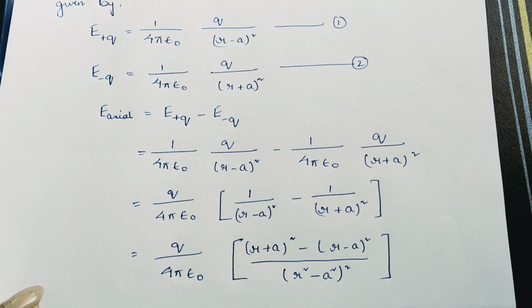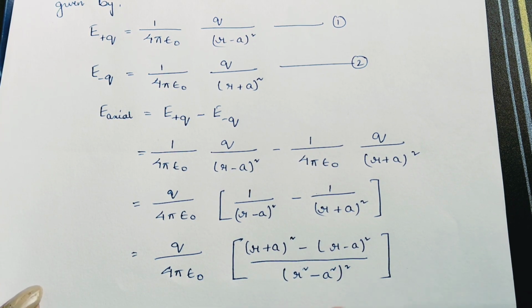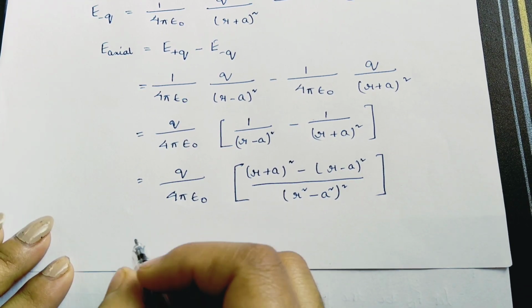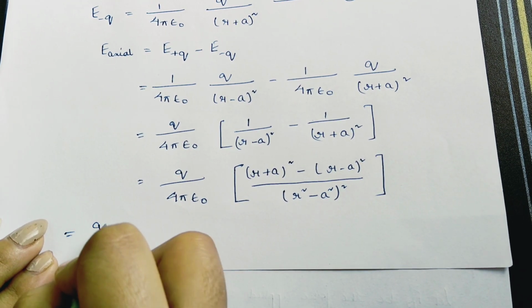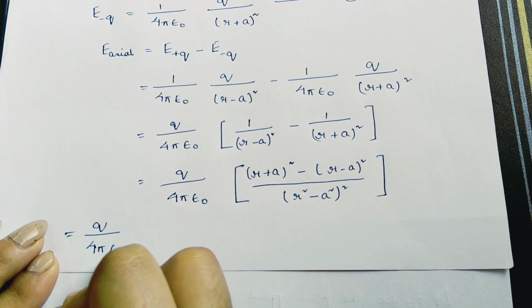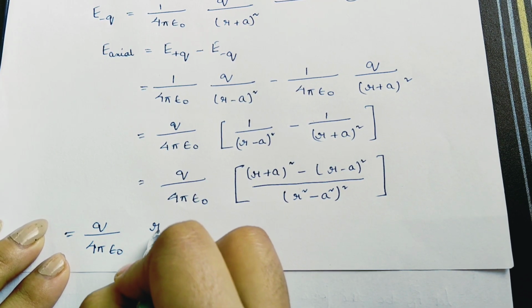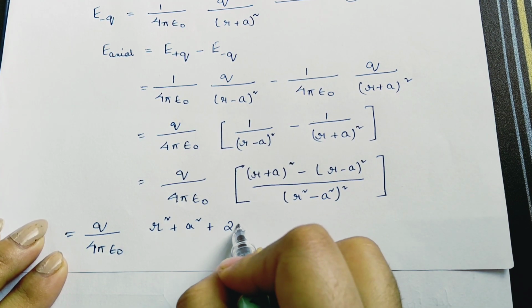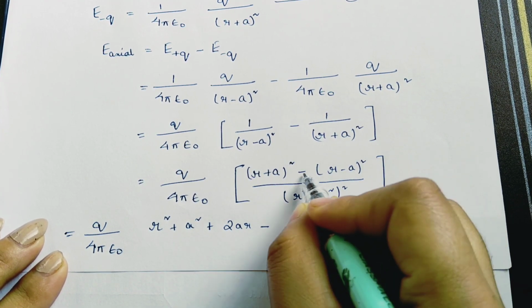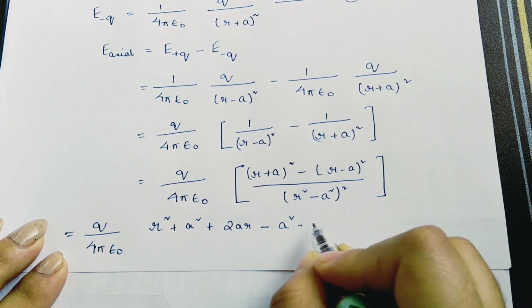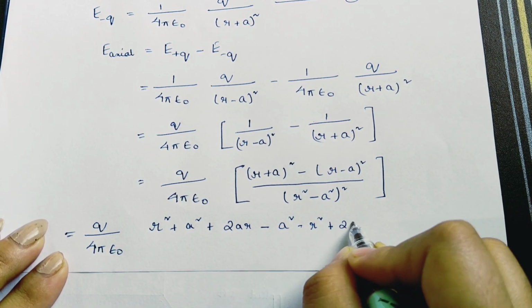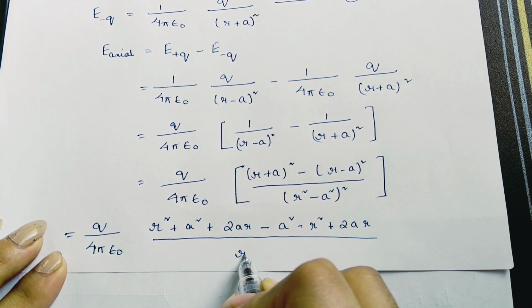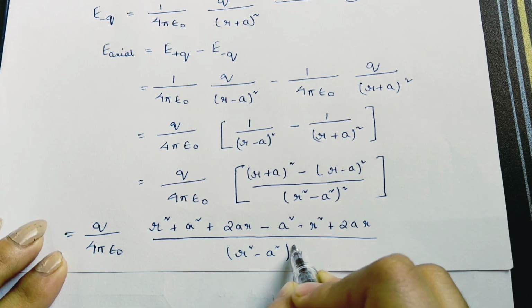Alright, now this is basically of the form (a plus b) squared, right? So we will expand this equation and we'll have q by 4 pi epsilon naught times [r squared plus a squared plus 2ar, minus a squared minus r squared plus 2ar], divided by (r squared minus a squared) squared.